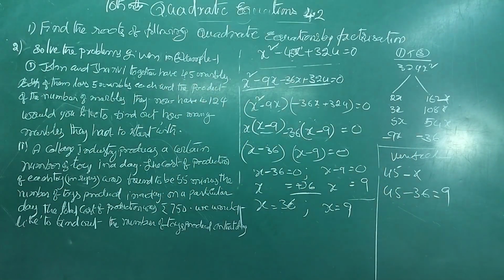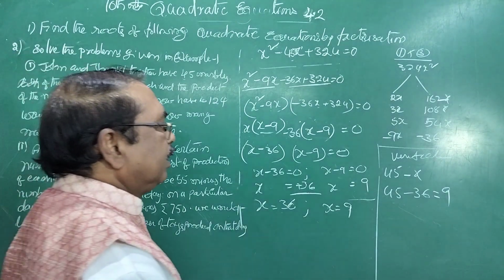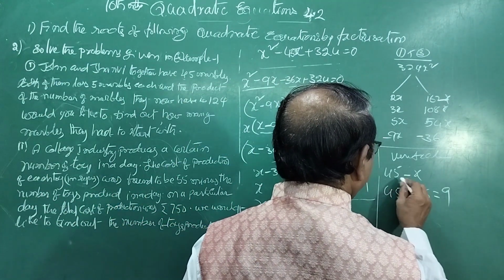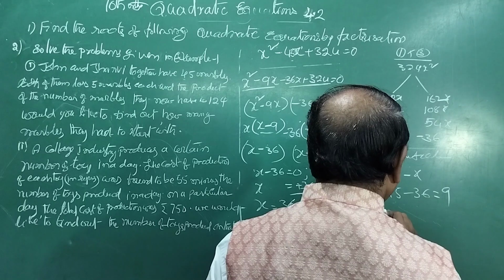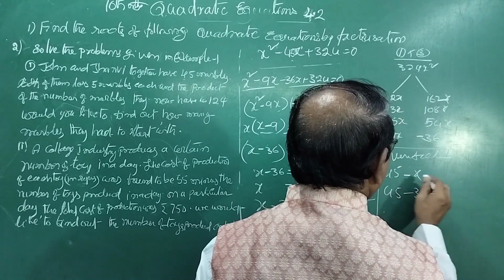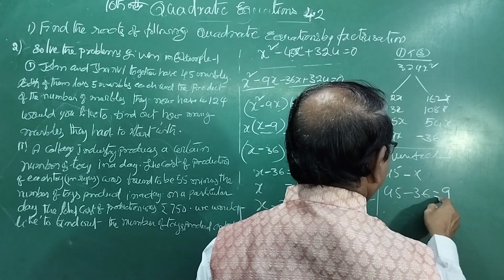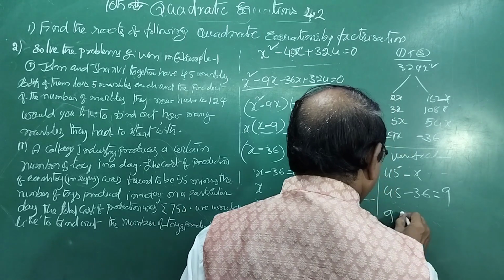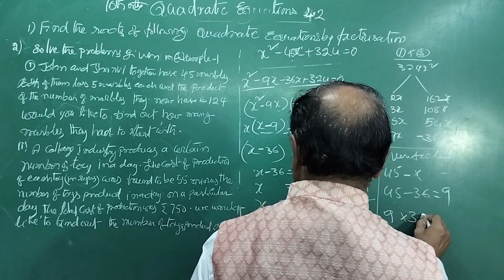Janvi has 9 marbles, isn't it? Yes, both have how many? Now 45 minus 9, what is it? It is 45 minus x. Yes, one is 9, one is 36.